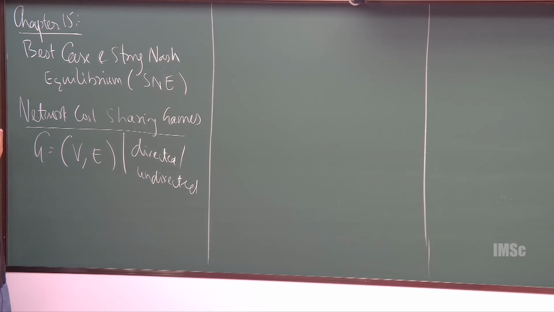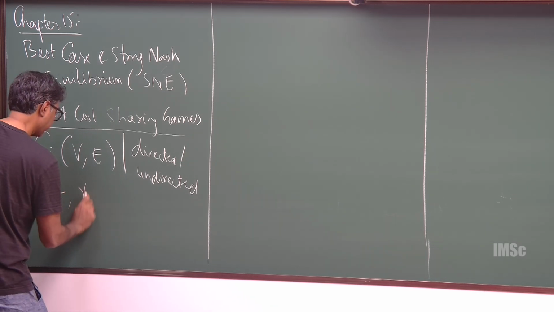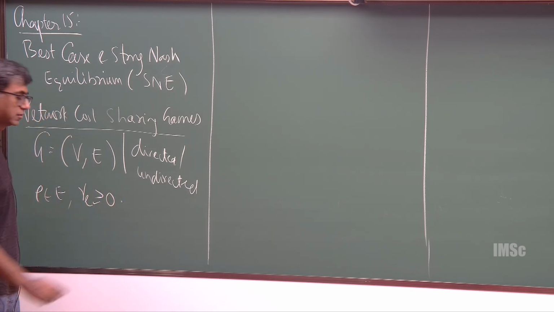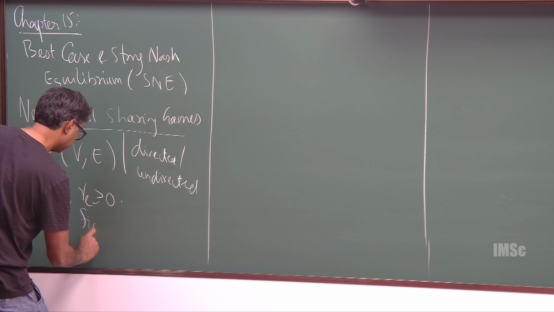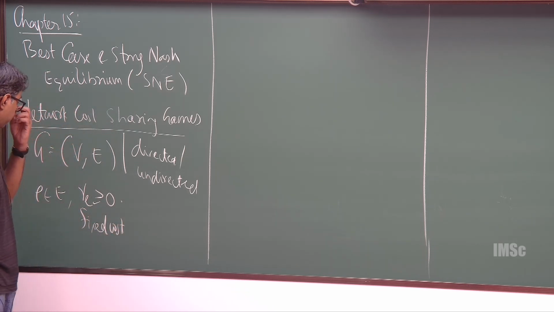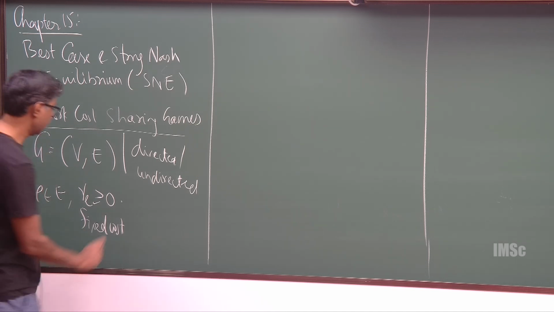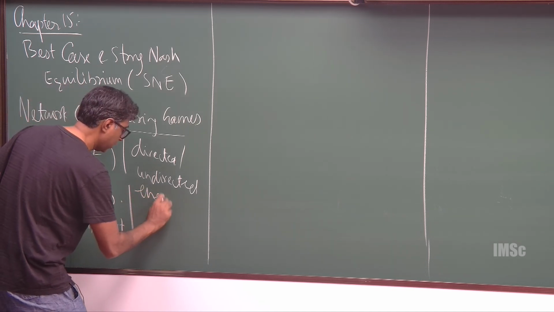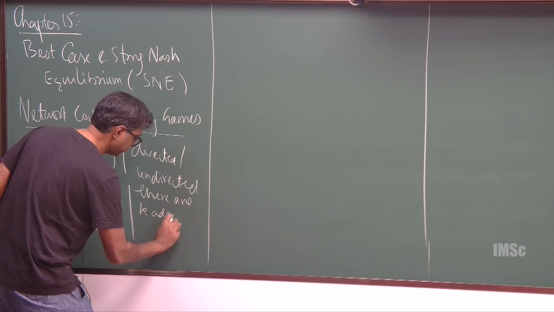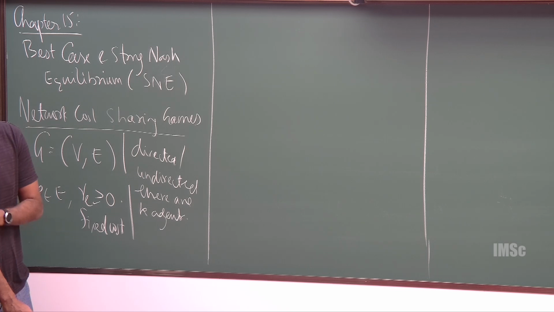Each edge carries a fixed cost, some positive quantity that you are given, and there are k agents.